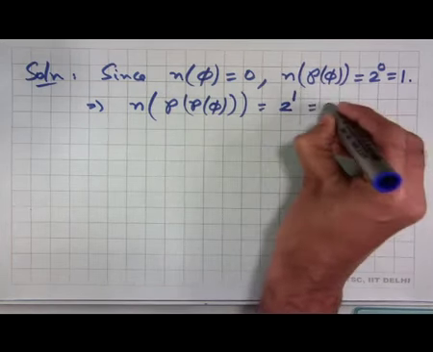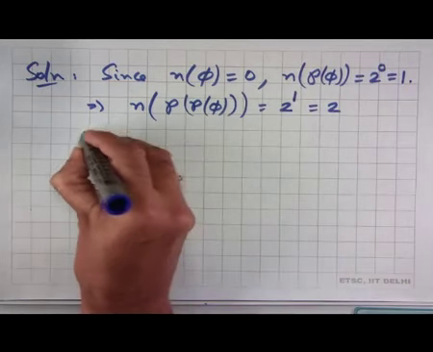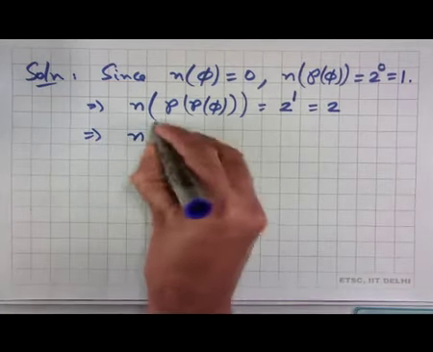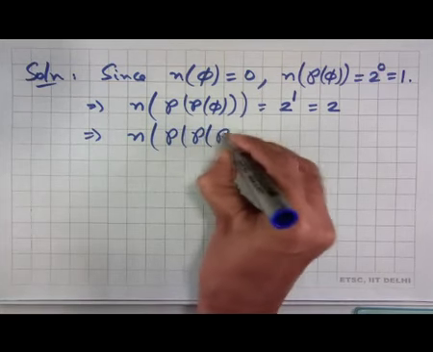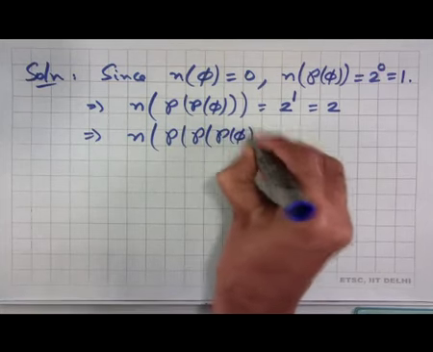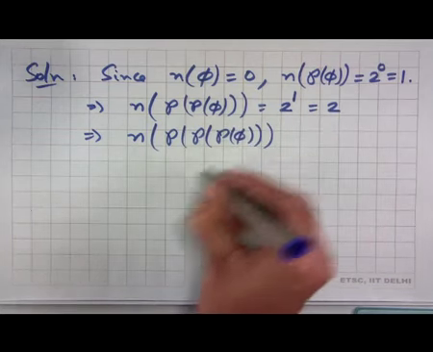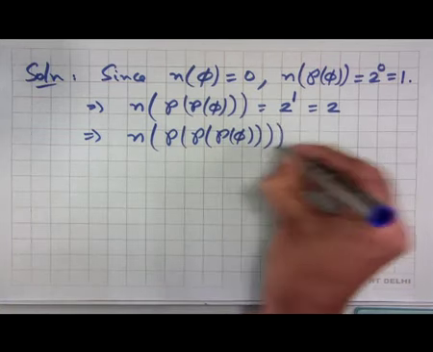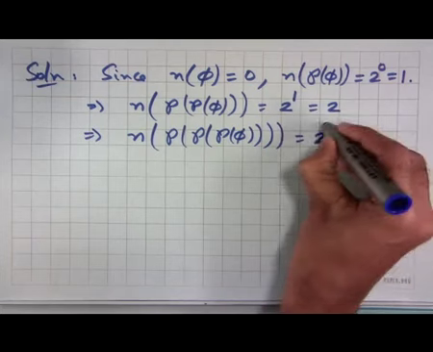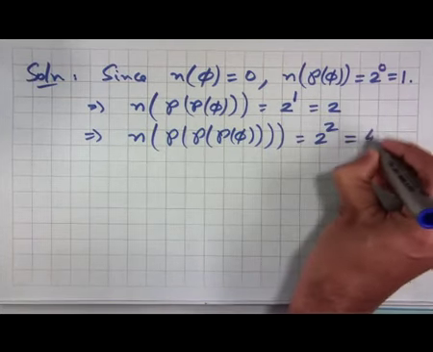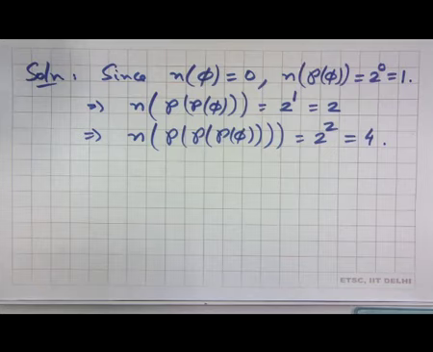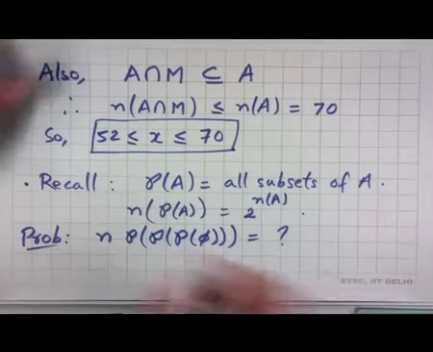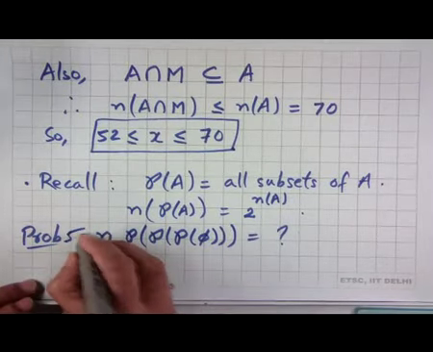So, this is 2 to the power 2, which is equal to 4. So, this problem was just to recall the number of elements in the power set. So, this was our problem number 5.